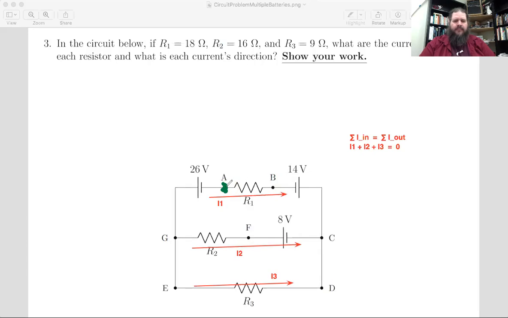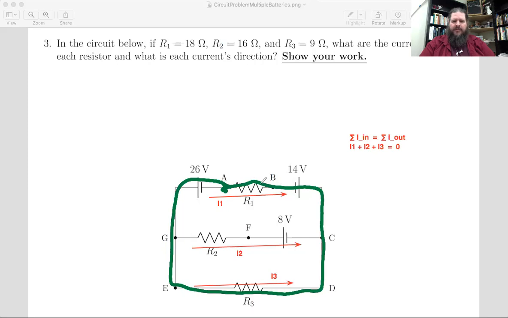A to B. So you could just do the big loop. Yeah, if we go all the way around the big loop, A to B to C to D to E to G back to A, the big loop. And let's say we are going in that direction, clockwise, because direction matters here. For that loop, the big outer loop, we can turn that into a loop rule equation.